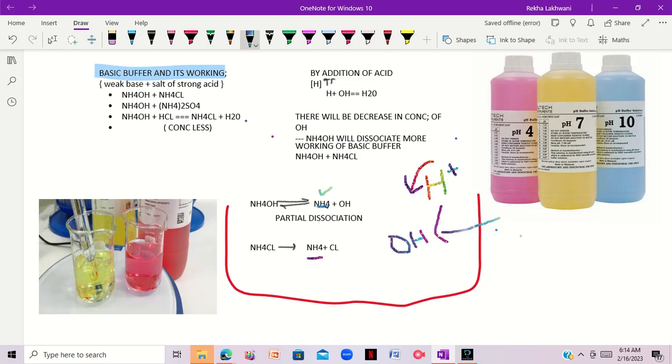So there will be an abundantly high amount of ammonia. So this ammonium hydroxide will not dissociate and there will be formation of ammonium hydroxide. Right? So I hope this is clear to you. So ammonium hydroxide increases and there will be no dissociation due to the common ion effect.